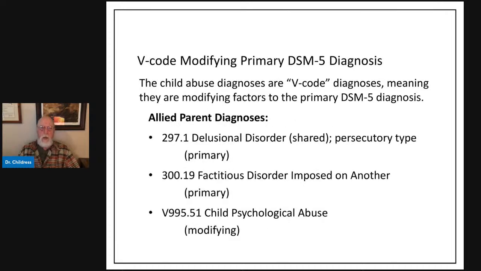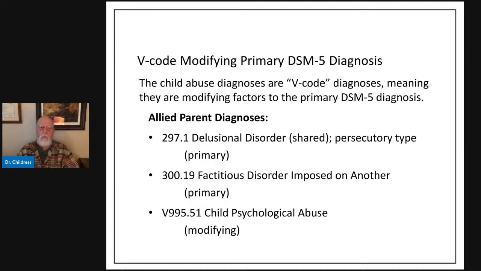Now, V-code diagnoses are modifying diagnoses to the primary DSM-5 diagnosis. So the child abuse diagnosis of a V-code is added to the primary DSM-5 diagnosis to modify it or help explain the source of the problem.